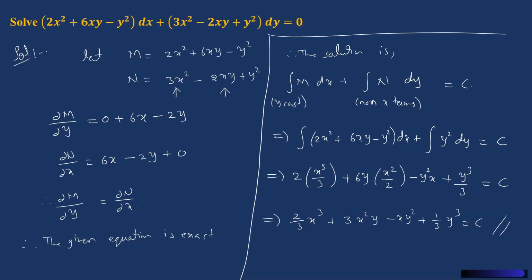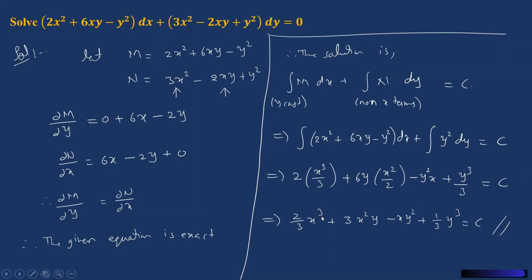And what if those two are not equal? If ∂M/∂y and ∂N/∂x are not equal, we can say the differential equation is not exact, right? In fact, there are several methods to find solutions of those non-exact differential equations.